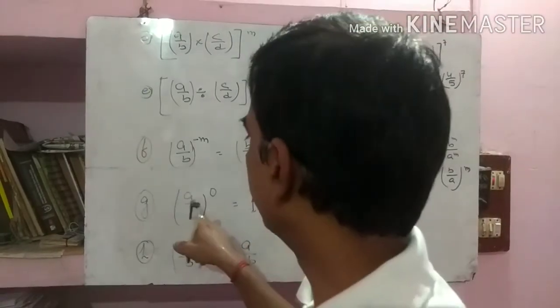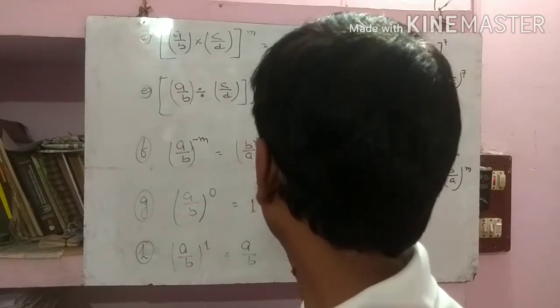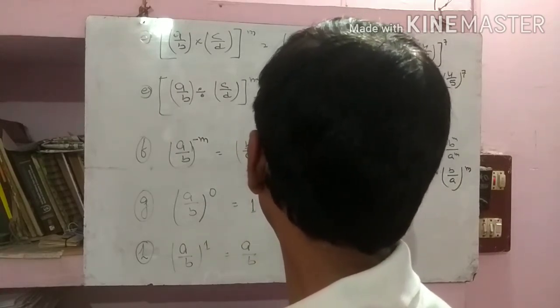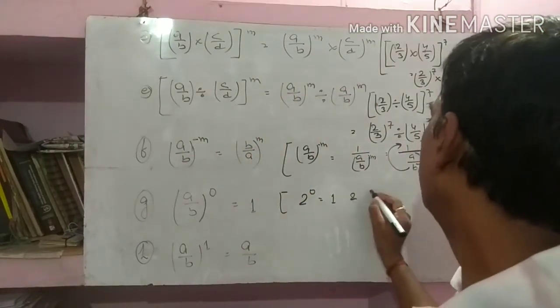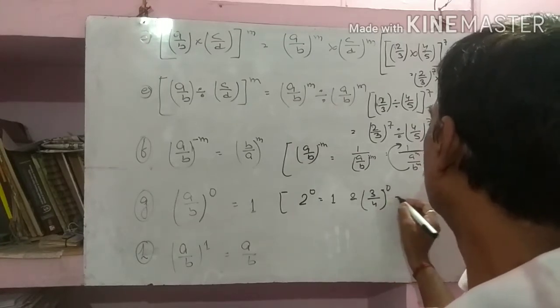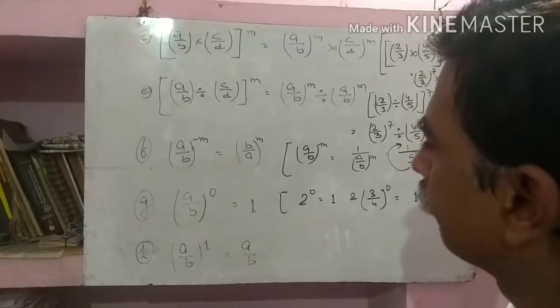If the base is anything and the power is 0, the result will be 1. Suppose 2 to the power 0 will be 1, and (3/4) to the power 0 is also 1. Okay.